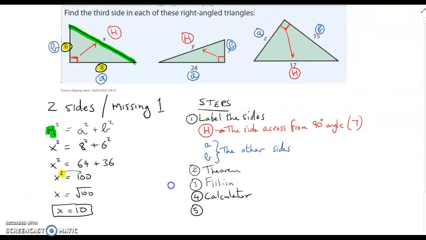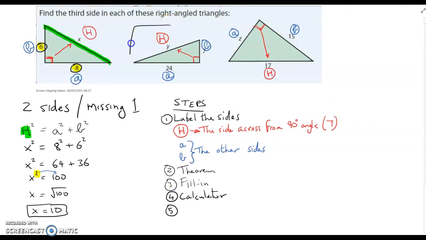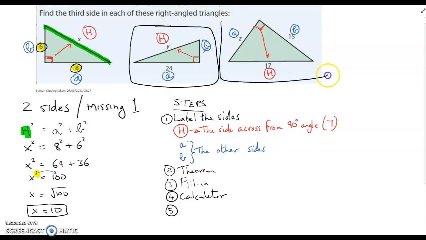Now the other question, this one here, is done the exact same way as what we just did. There's a slight difference in this triangle, because in that one there, you have H. So let's follow the steps all the same. We've labeled the sides already.